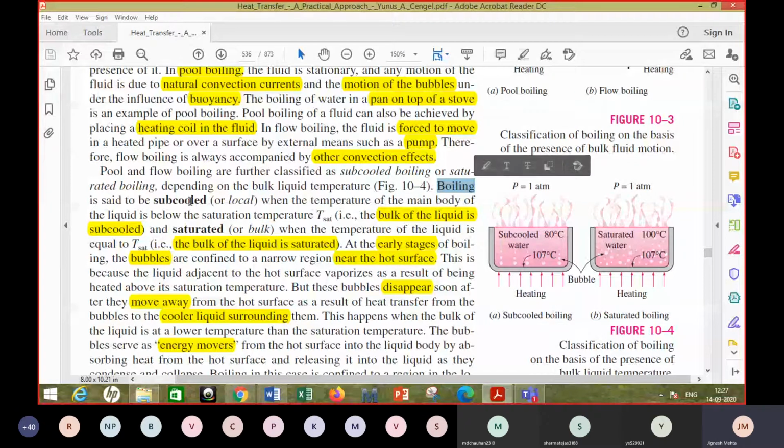Boiling is said to be subcooled or local when the temperature of the main body of the liquid is below the saturation temperature, that is, the bulk of the liquid is subcooled. So as you can see here, initially when your water was, let's say, at 30 degrees Celsius, and you started supplying heat to the vessel, right?